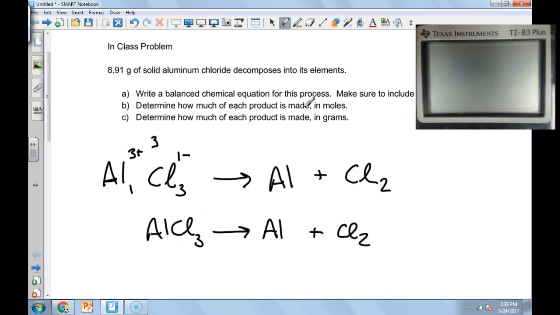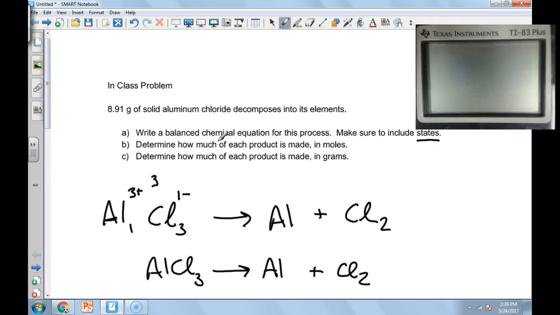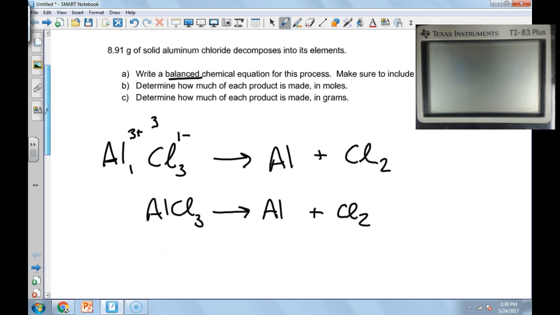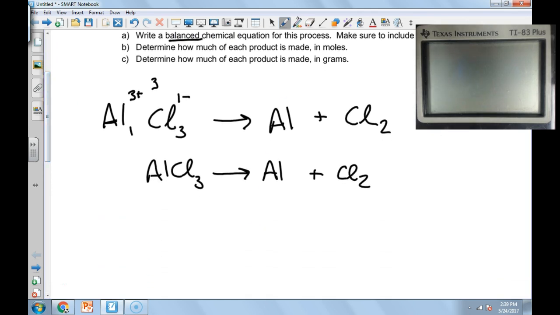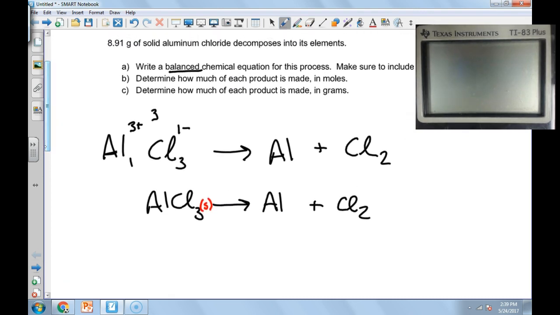Now, I'm going to put states in, because that's what the question is asking for. And we need to balance this. So there's a lot going on here still. I'll put states in red. So this is solid. A couple of ways you can tell: first of all, this is an ionic compound.